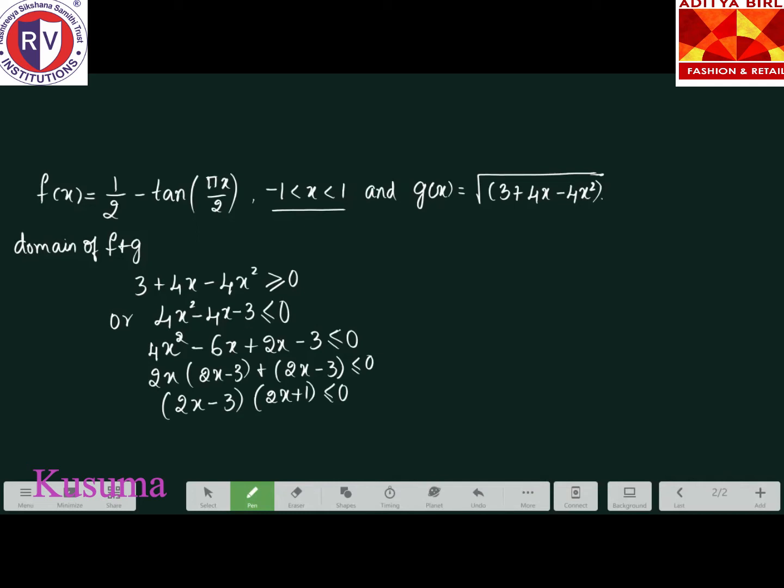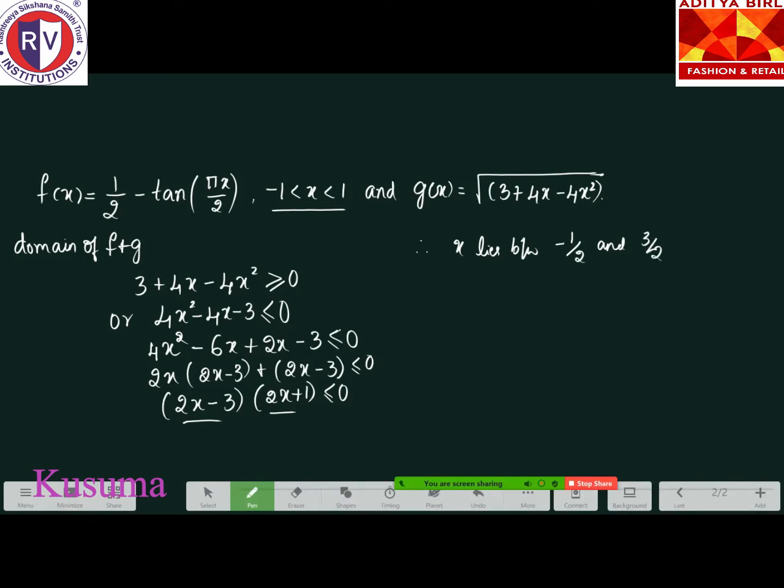So x will be equal to 3 by 2 and x will be equal to minus 1 by 2, right? When we equate this term to 0, we get x equal to 3 by 2, and when we equate this term to 0, we get x equal to minus 1 by 2. So therefore, g of x lies between minus 1 by 2 and 3 by 2.